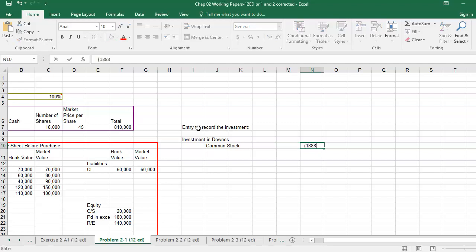They gave them 18,000 shares, and the most you can put in there is the dollar par. So the total investment is the 18,000 times the $45 fair value. Okay, so at 810. And then it's going to be split between common stock and paid in excess. All right, the difference here is going to go into paid in excess.